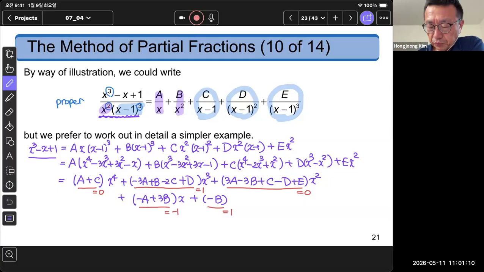Okay? Now, how can I integrate this? Okay, so let me make some more space.